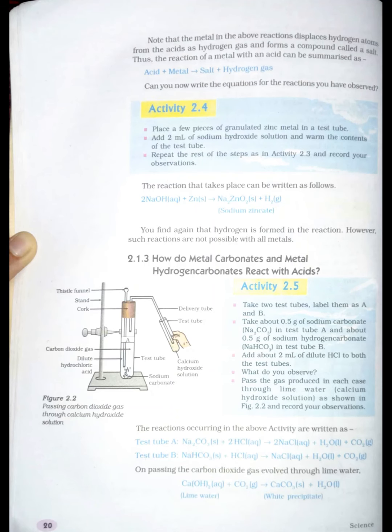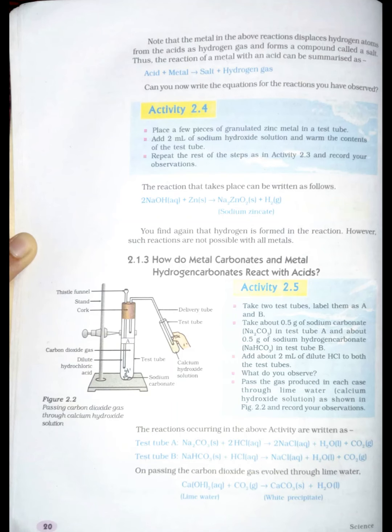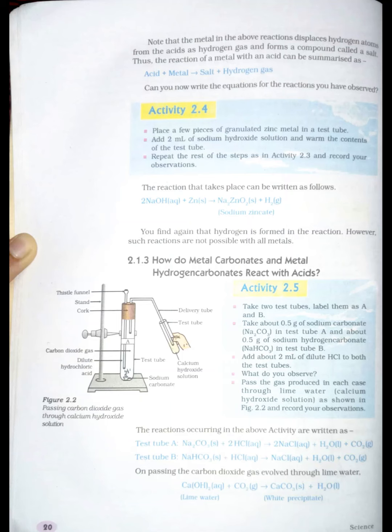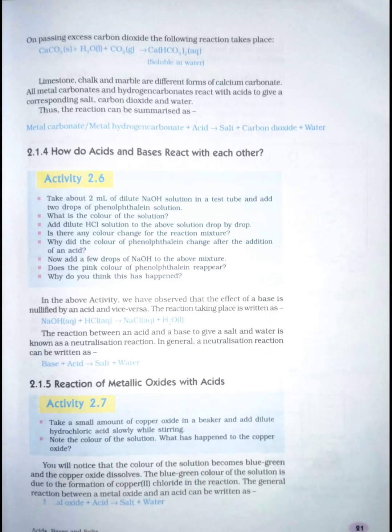Test tube B, NaHCO3 plus HCl is equal to NaCl plus H2O plus CO2. On passing the carbon dioxide gas evolved through lime water, Ca(OH)2 plus CO2 is equal to CaCO3 plus H2O.